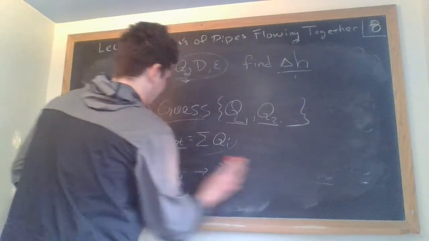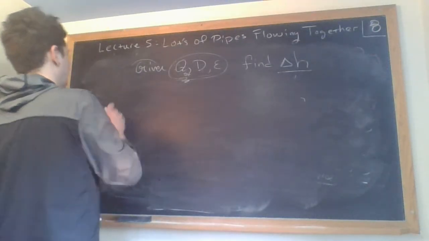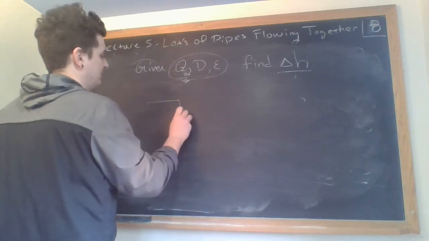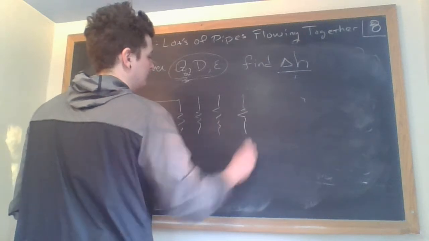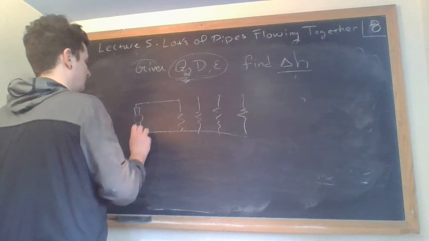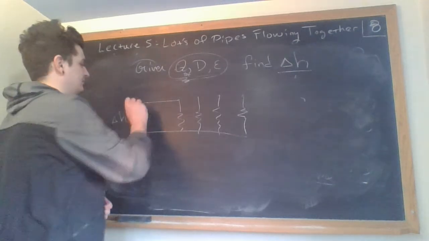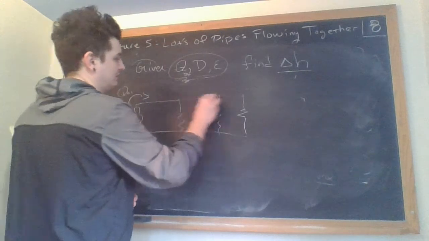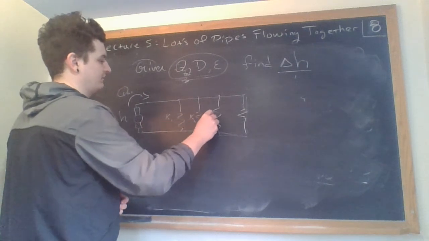Again, we know what this Q total is, and these are resistances to flow.